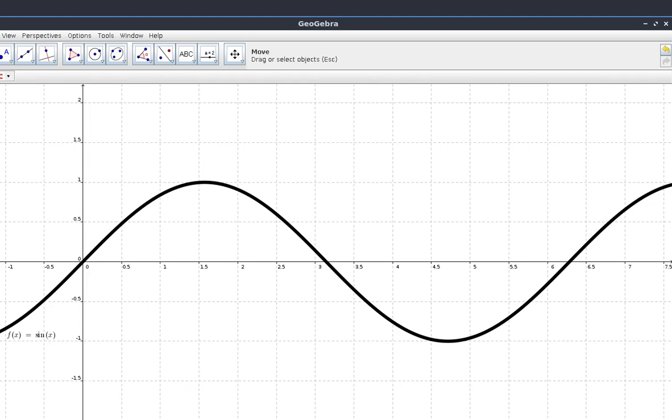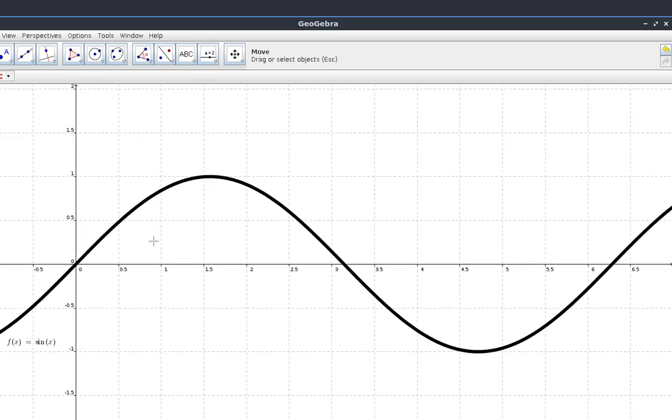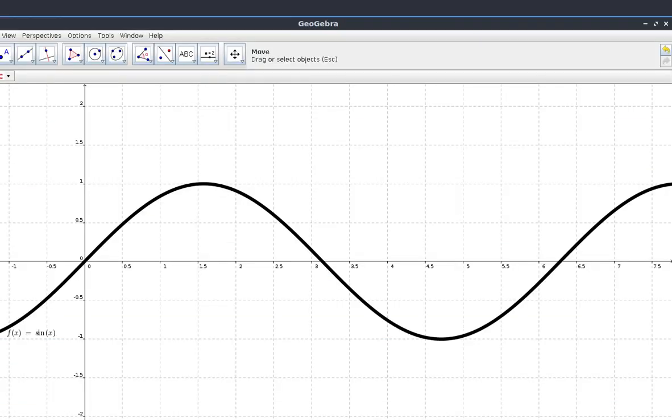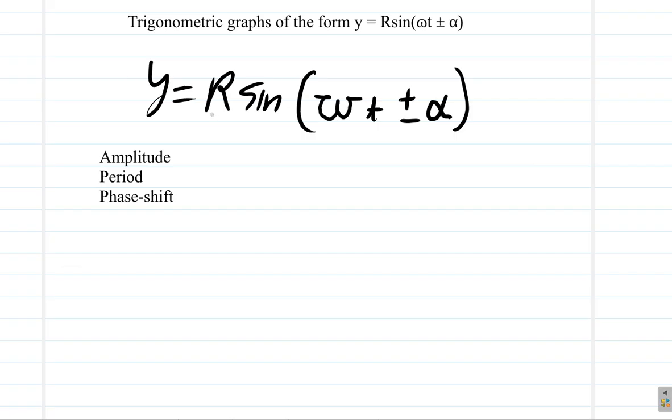Now, here, I'm going to change R alone. So, the graph that we have is y equals sine t.